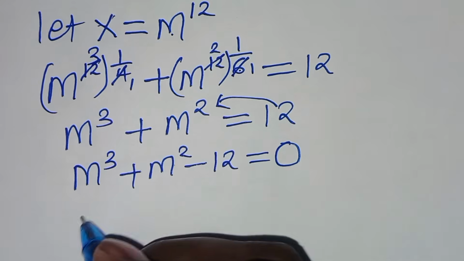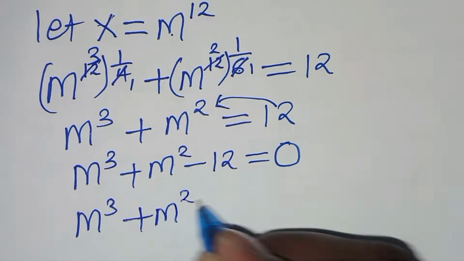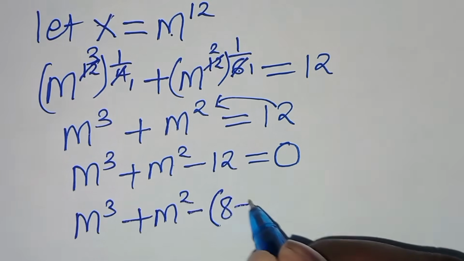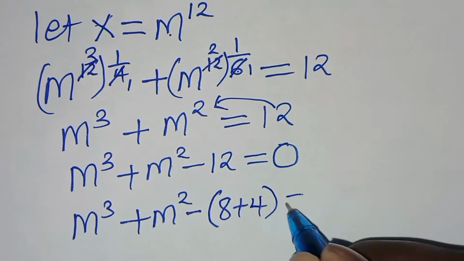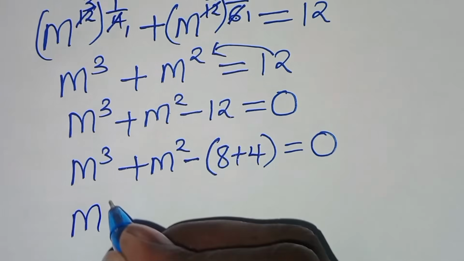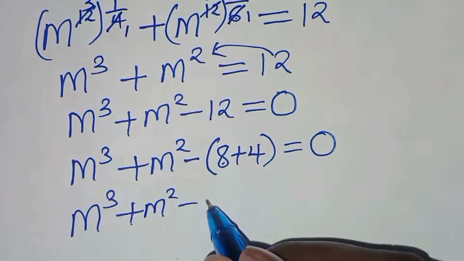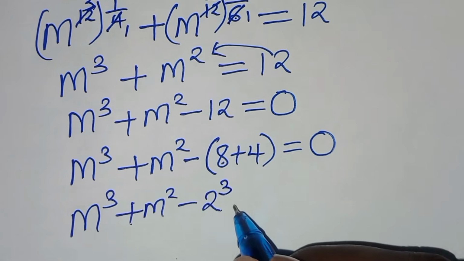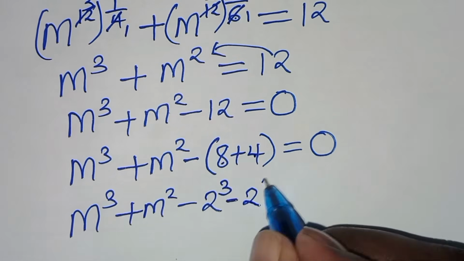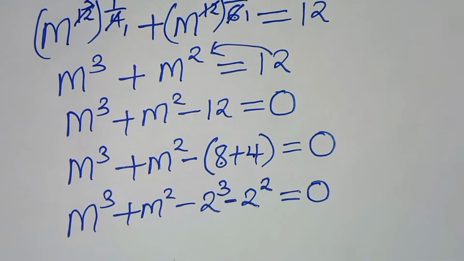So this implies that we have m to the power of 3 plus m to the power 2, subtract 12, which we can express as 8 plus 4, this is equal to 0. So we have m to the power 3 plus m to the power 2, subtract 8, which we can express as 2 to the power 3, then subtract 4, which we can express as 2 to the power 2, this is equal to 0.